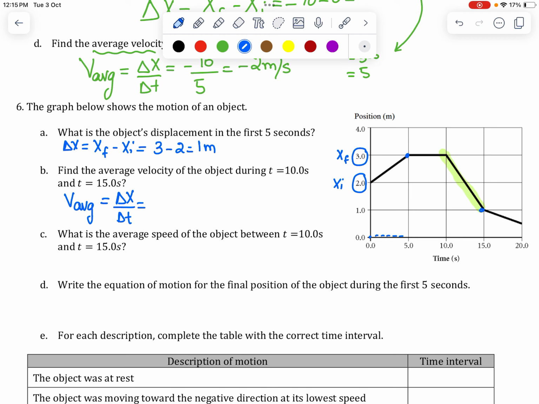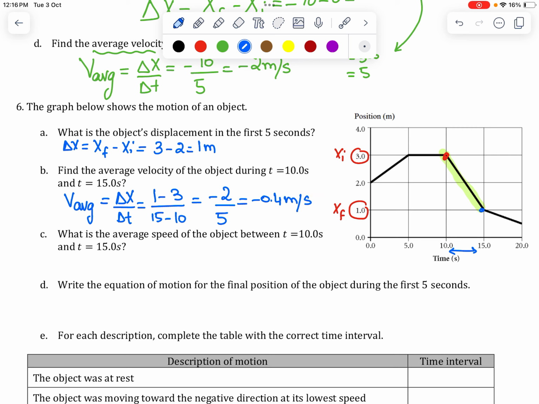The displacement here: we change our x initial and x final for another interval of time. It started with x initial and finished with x final here, 1. So the final minus the initial, which is 1 minus 3, over the time interval from 10 to 15. So negative 2 over 5 gives me negative 0.4 meters per second.